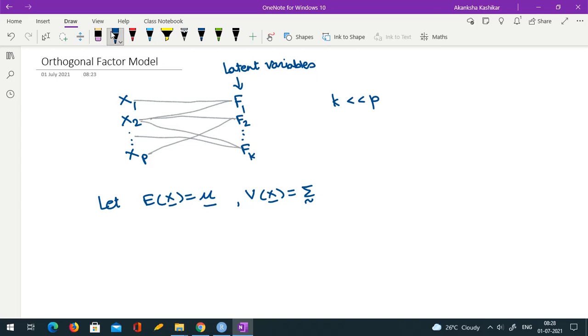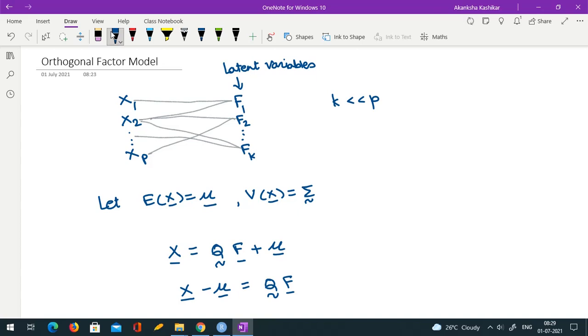So what we want to do is express this observed vector x as some transformation of the unobserved vector f, and mu would be here. So why would mu be here? Basically we are trying to have x minus mu, the centered version of x, as some transformation of f.